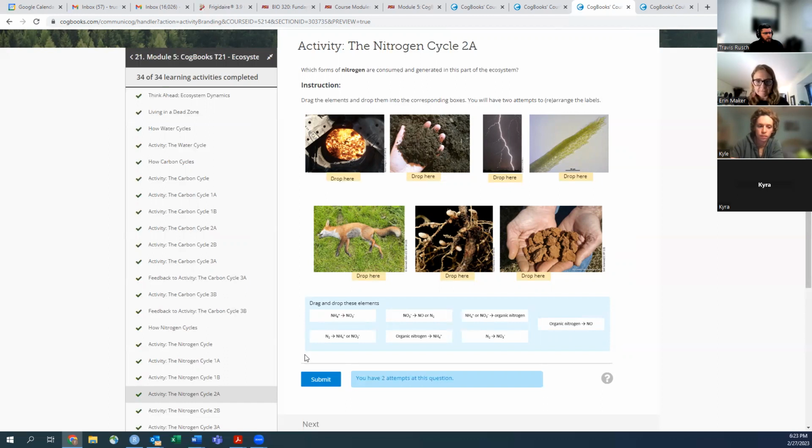So if we talk about which one is what we saw in the text, like the decomposing part, would that be the organic nitrogen to ammonia, NH4 minus? So it would be that one, right?